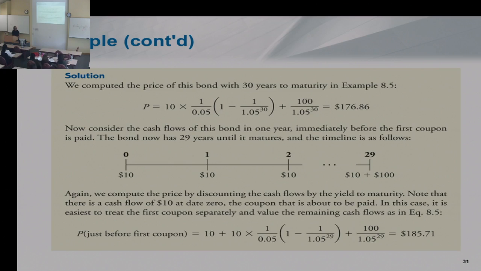So 185.71 divided by 176.86 gives you a return of how much? 5%. Well, you knew it was going to be 5% because that's the yield to maturity. The whole point about this investment is you're going to earn 5% per annum. That's why the yield to maturity is 5%. So it starts the beginning of the year at 176.86 and it goes up 5% to 185.71. If you hold it for a year, you'll earn 5%.